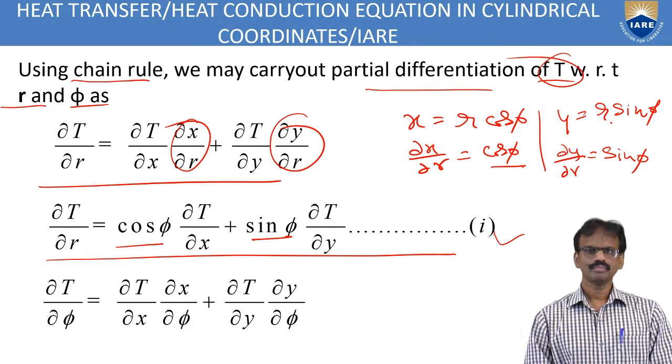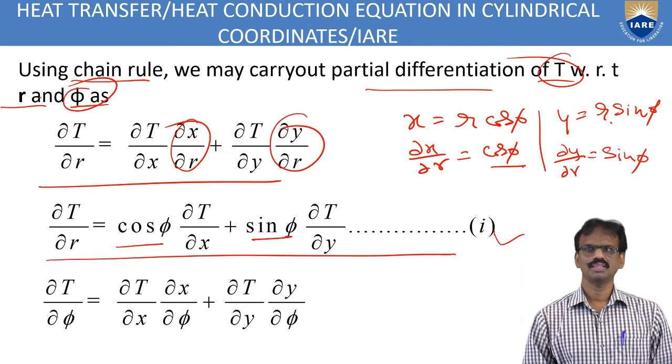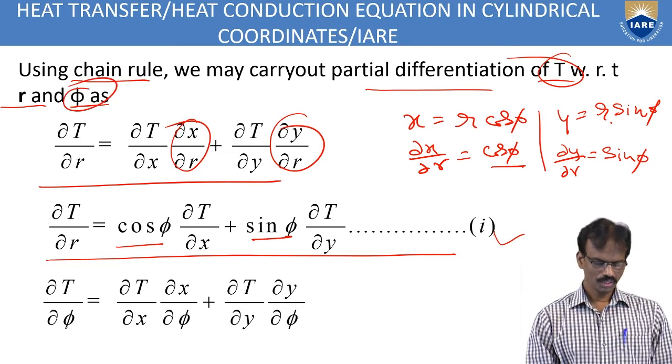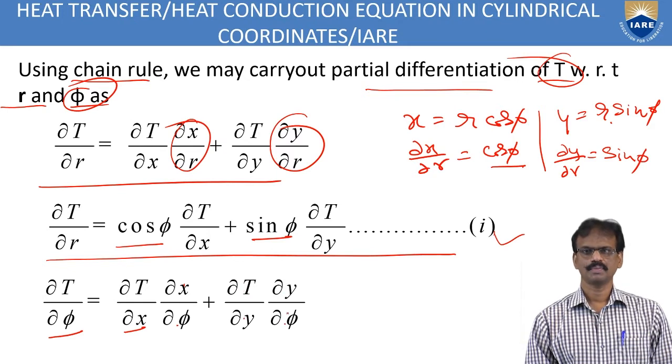Similarly, next with respect to phi, apply the chain rule. Dou T by dou phi is equal to dou T by dou x into dou x by dou phi, plus dou T by dou y into dou y by dou phi.